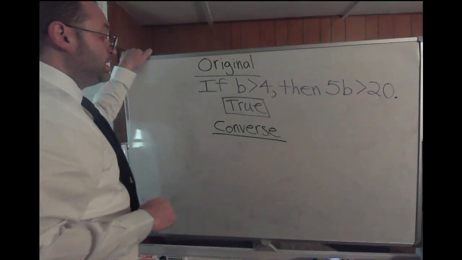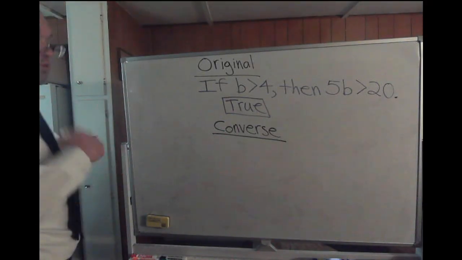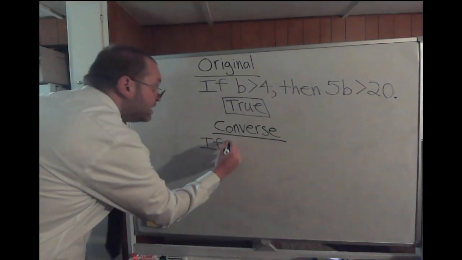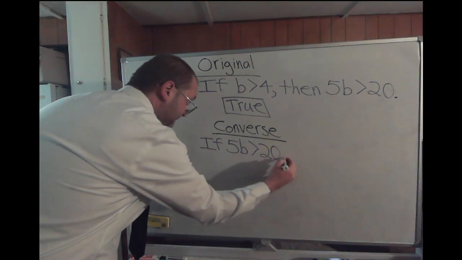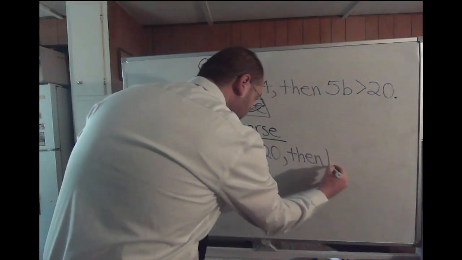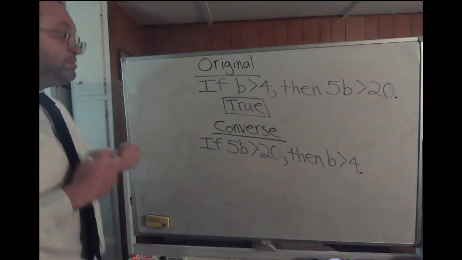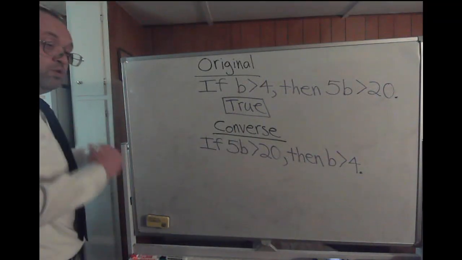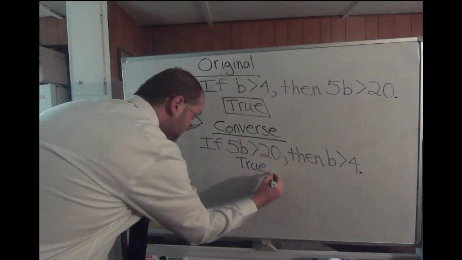Now, what about its converse? If 5b is greater than 20, then b is greater than 4. Alright, so if 5b is greater than 20, then b is greater than 4. Well, solving this inequality, we know that's also true. This is also a true statement.